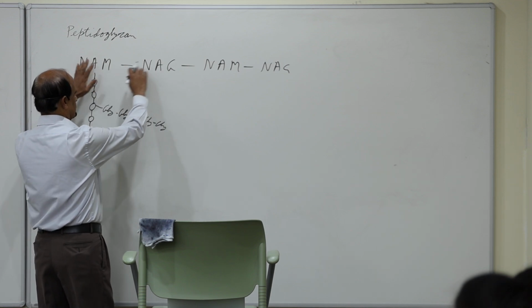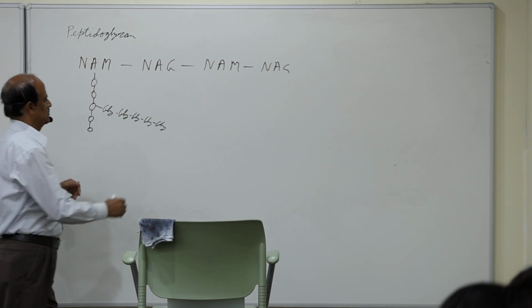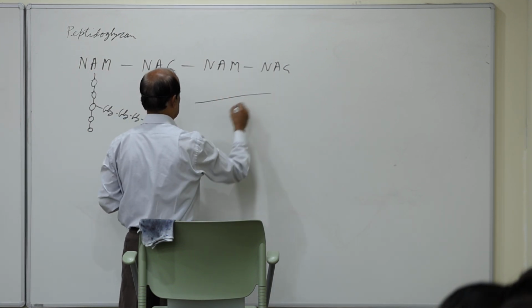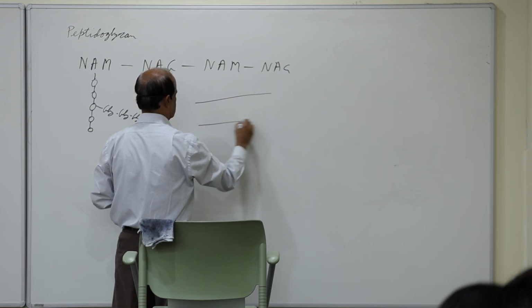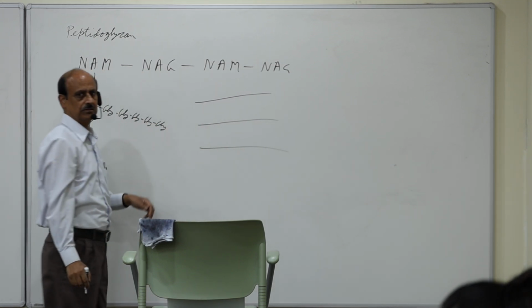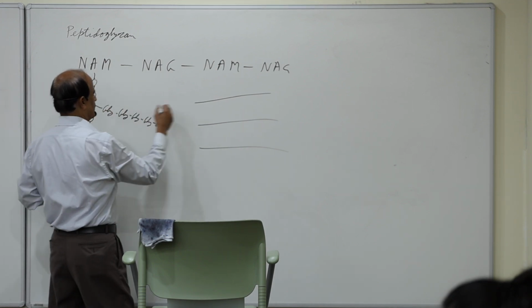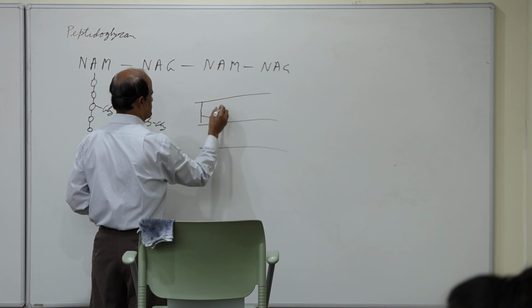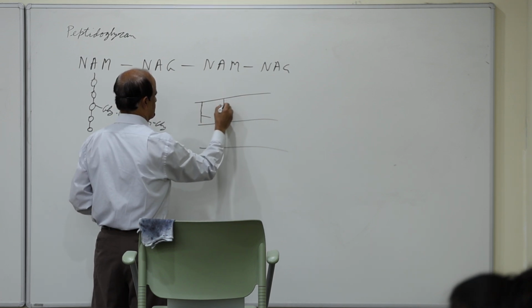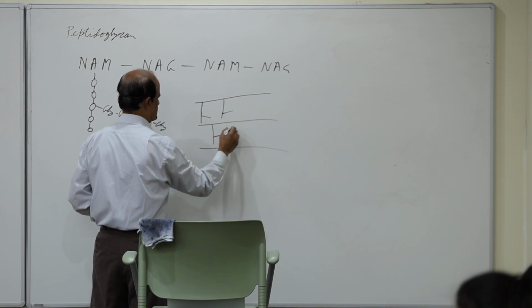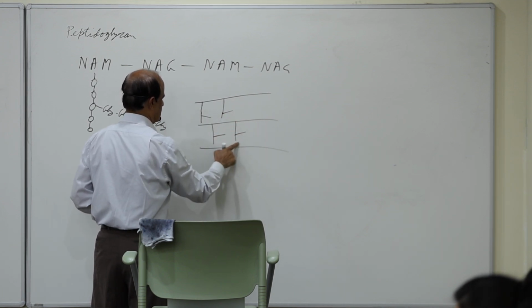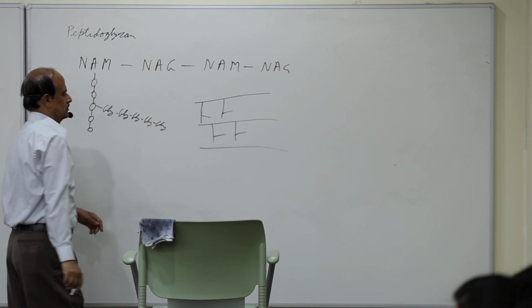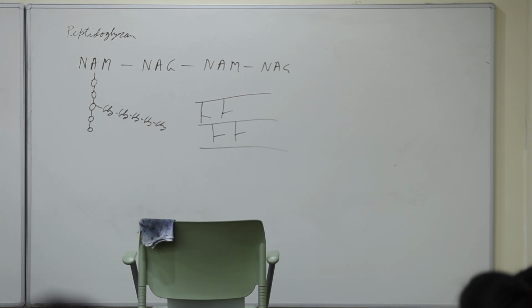So if this is the monomer unit of the cell wall, if we draw that this way, there is one linear chain, another linear chain, another linear chain like this, and then these peptide bonds are here with the glycines, and this one also has. So this will be the structure of the monomer unit in the peptidoglycan.